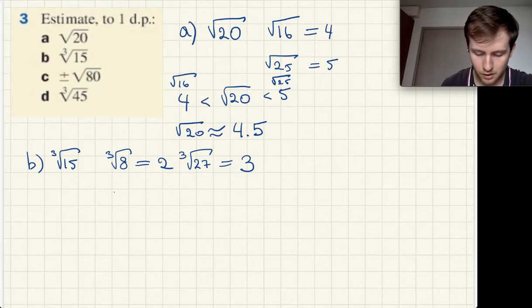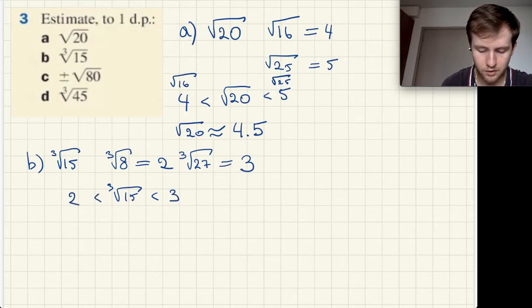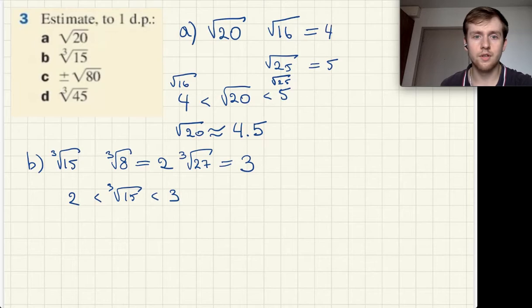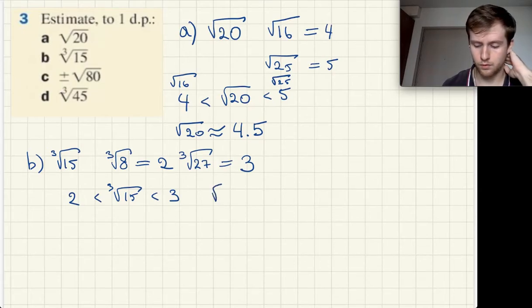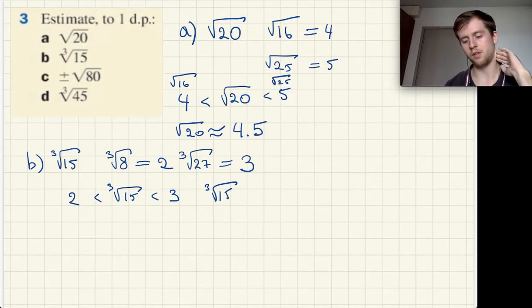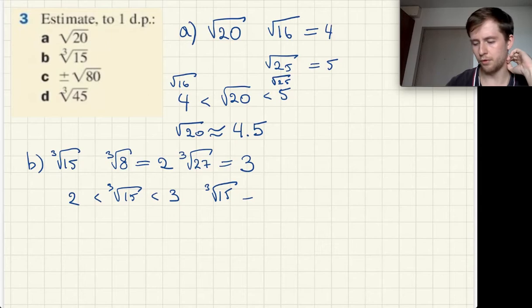Again, 15 is somewhere in the middle between those two, right? It's somewhere between 2 and 3. That's what it means. So 8 and then 27. Again, I would say it's probably 2.5. This would be a good estimate. 2.5. It's probably going to be a good estimate for this. Cube root of 15 is approximately equal to 2.5.